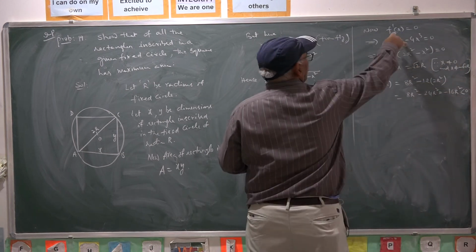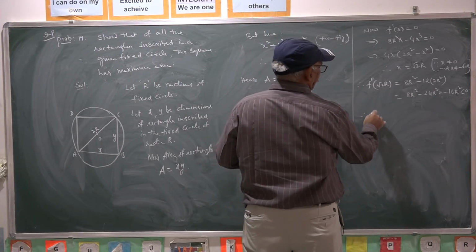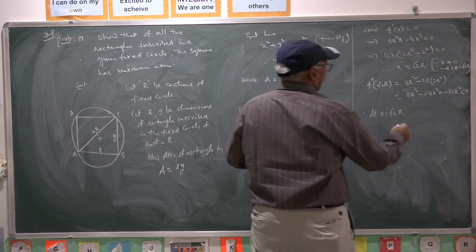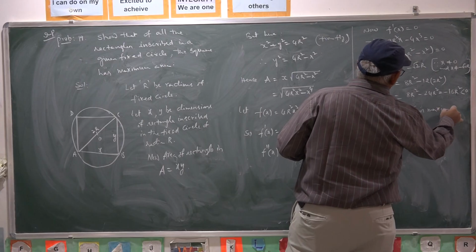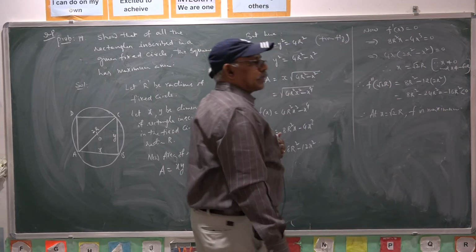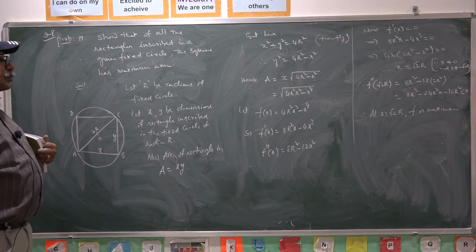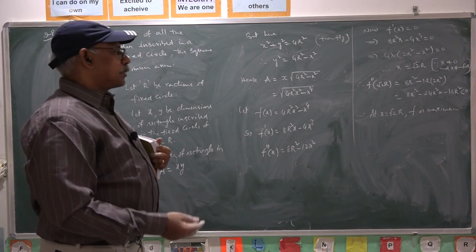So at x equal to root 2r, first derivative is 0 and second derivative is negative. Therefore, at x equal to root 2r, f is maximum, because here r is fixed. I am finding x in terms of r here. So at x equal to root 2r, f is maximum.